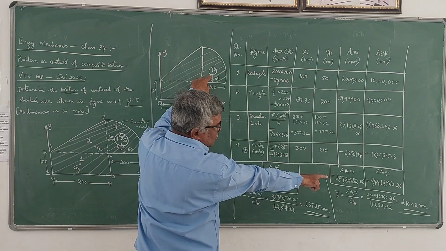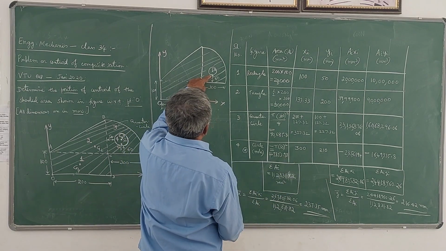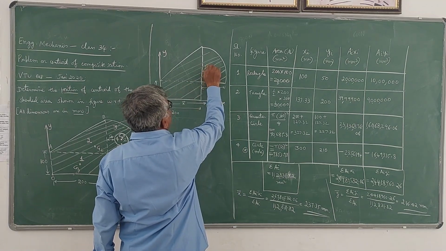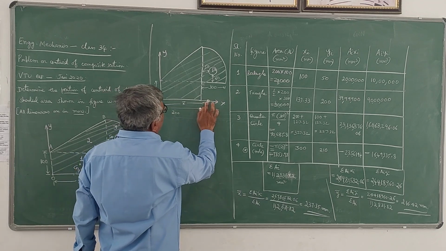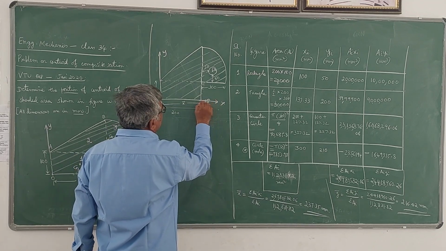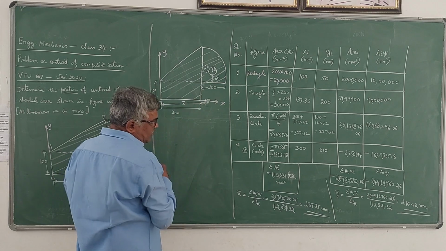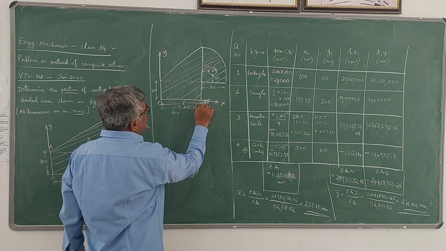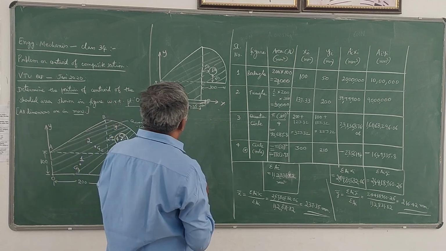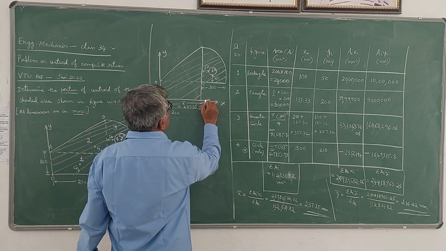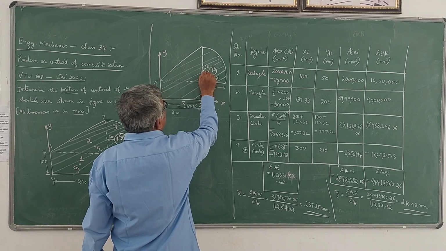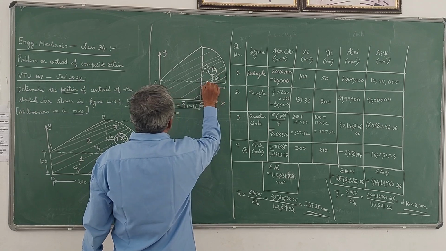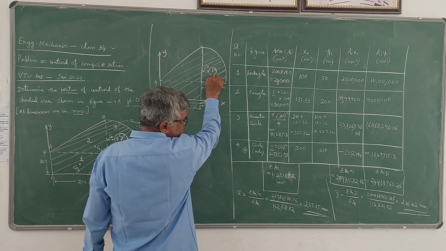Then you have 216.42. So that means your x bar will come somewhere here, because this x bar value is 237.35 mm. Y bar should be measured from this point. Up to here it is 100, 100 plus 60 is 160.